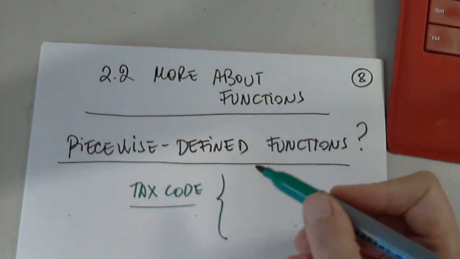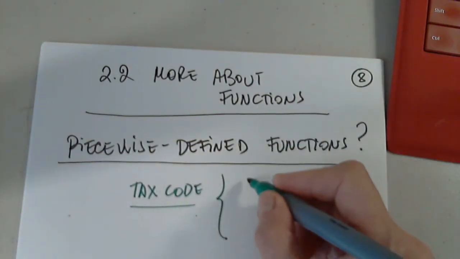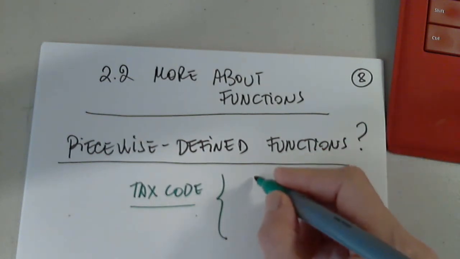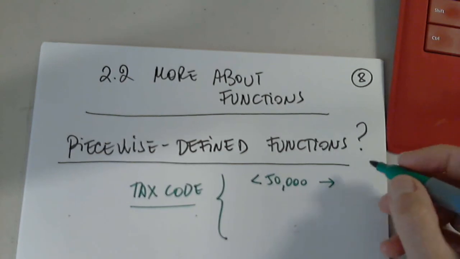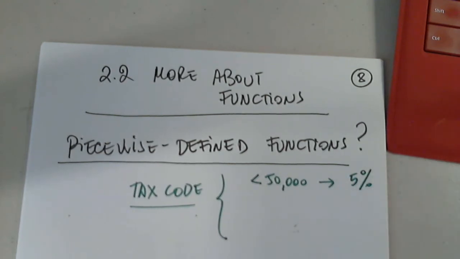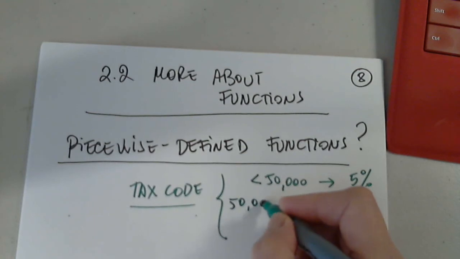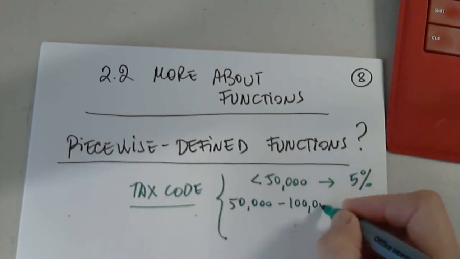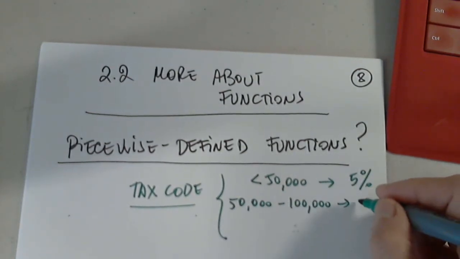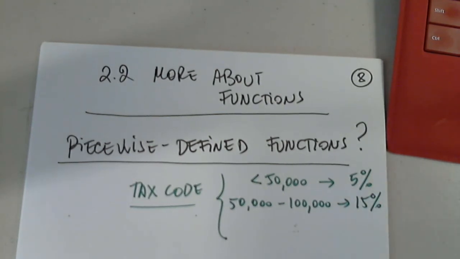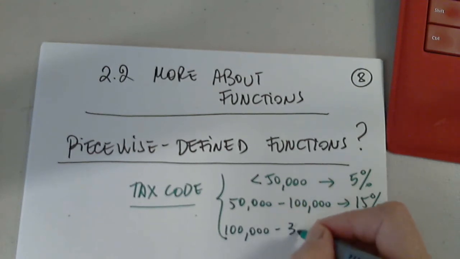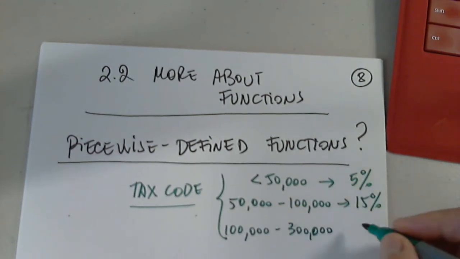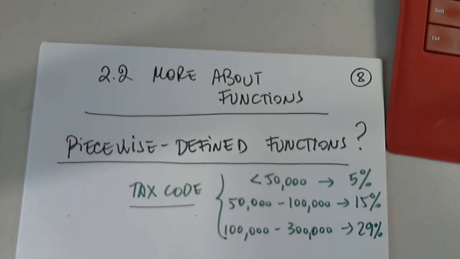For example, for someone who has an income of, let's say, less than 50,000, the person pays, let's say, 5% in taxes. Between 50,000 and 100,000, I'm just making up numbers, the person pays 15% in taxes. For 100,000 to 300,000, the person pays 29% in taxes. This is a piecewise defined function.